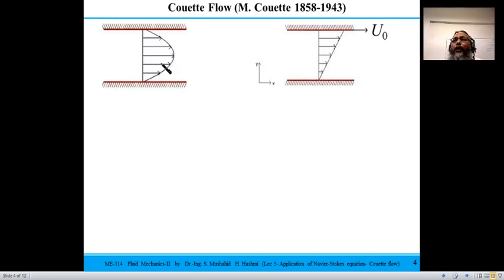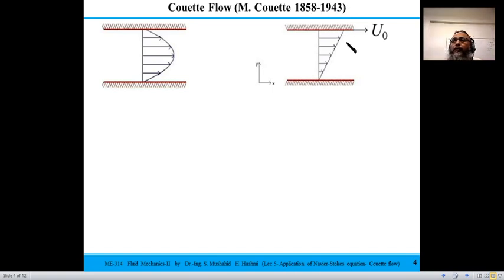So the velocity distribution would not be the same as the previous case. We will be able to calculate the mathematical expression today in this lecture, what mathematical equation represents this velocity variation taking place in the y direction, like the previous problem. Such a problem was studied by Couette, 1858 to 1943.